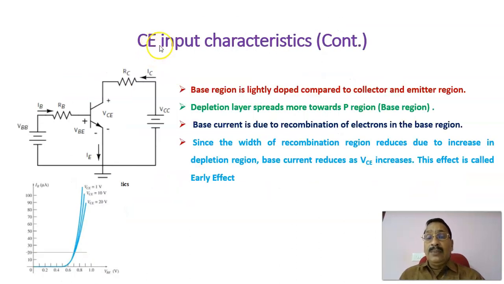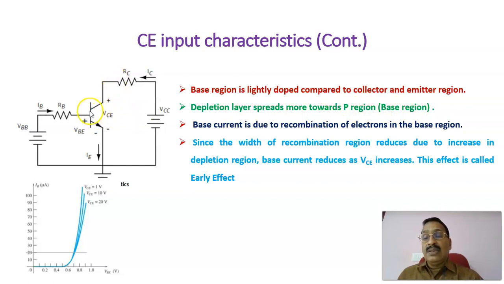Continuing with the common emitter input characteristics of an NPN transistor, I have already explained this. Here the base region is lightly doped compared to the collector and emitter regions. Therefore, the inner region, that is the base region, is lightly doped compared to the outer regions, the collector and emitter regions.